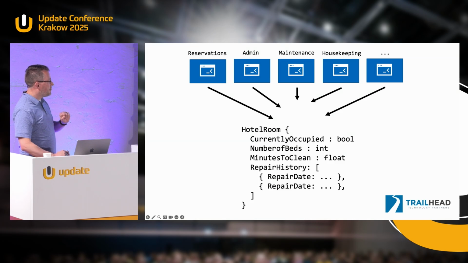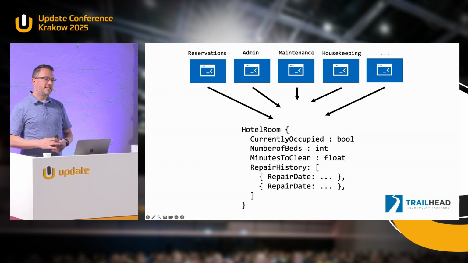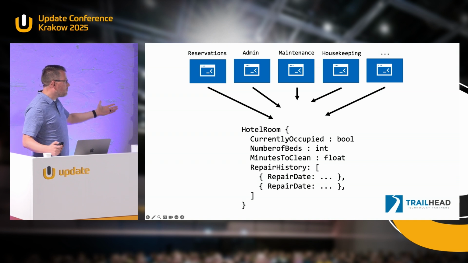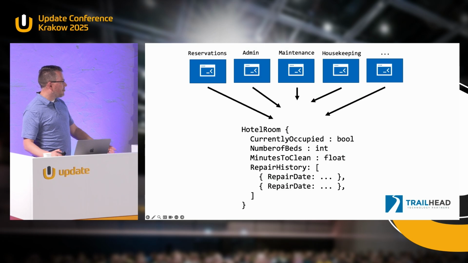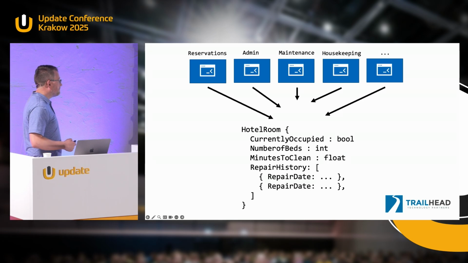If you're sharing a data model, so imagine this is an object in your code, and all of these different microservices have referenced that as a shared library and use that same data model, all of those things might logically store in a table or a couple of related tables in the case of the repair history. That's how you would do it in a traditional monolithic application.